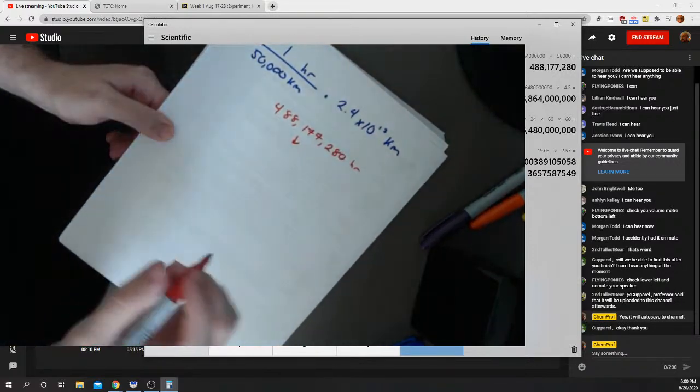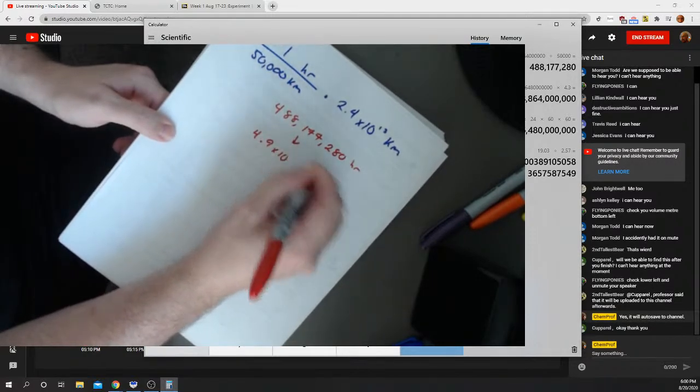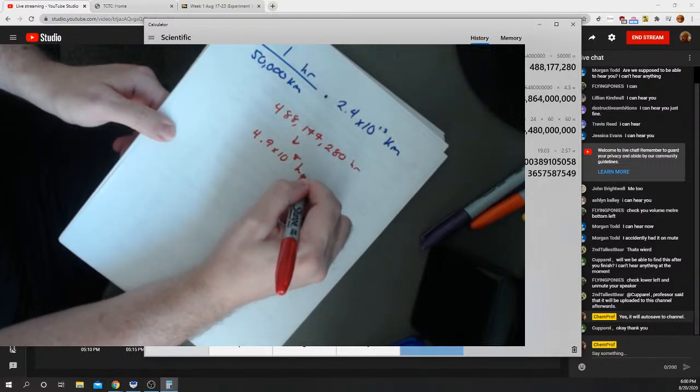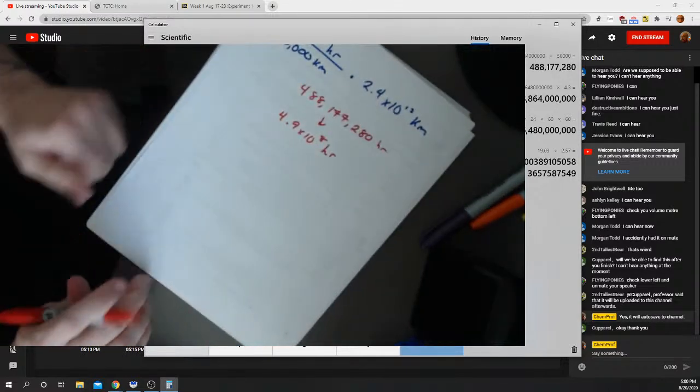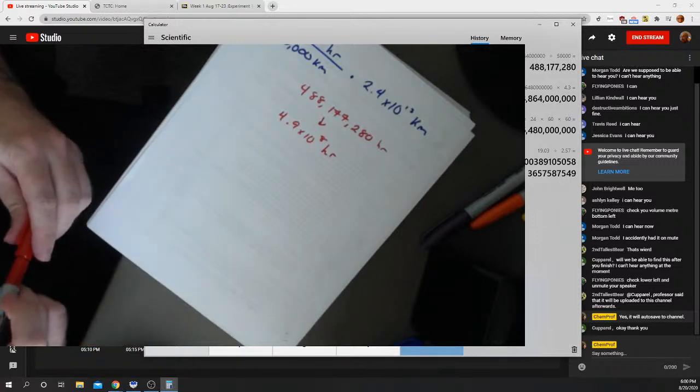But once again, we have our sig figs. So 4.9 times 10 to the 8th hours, which is a very large number of hours.